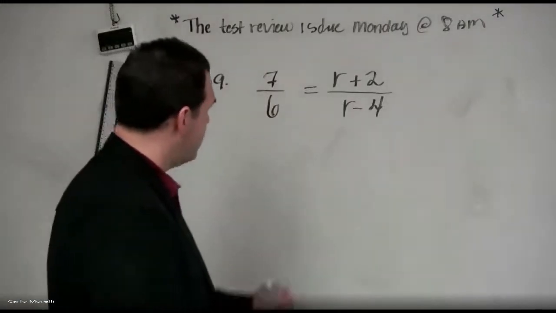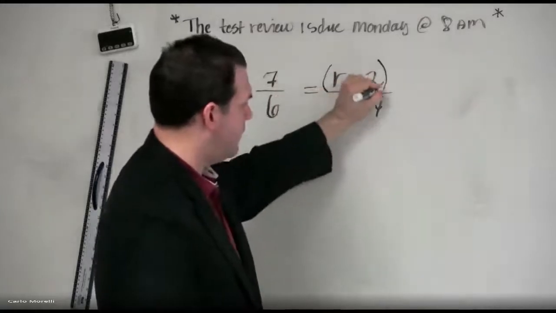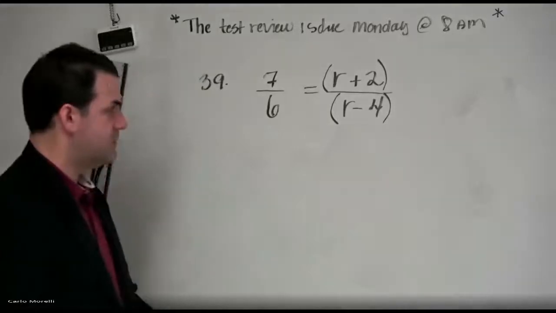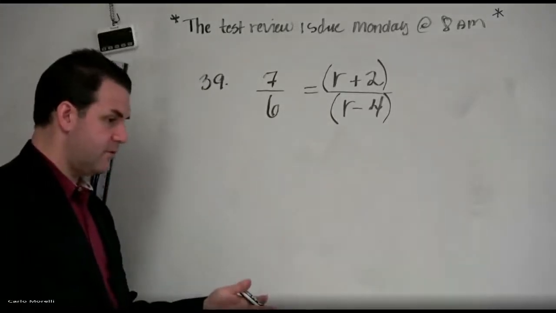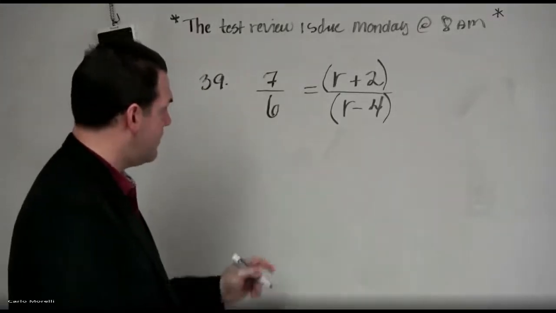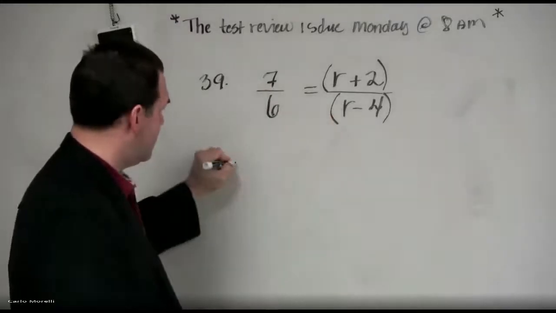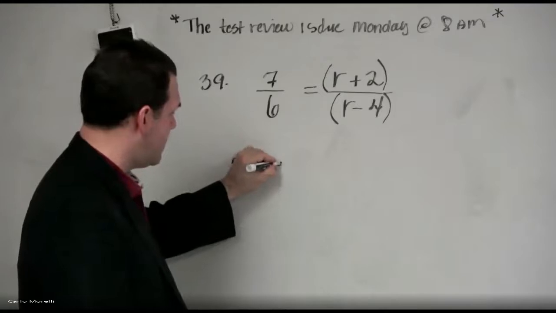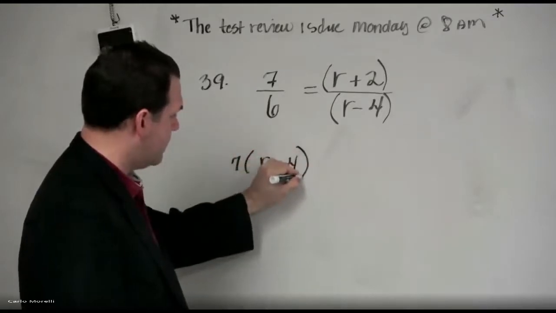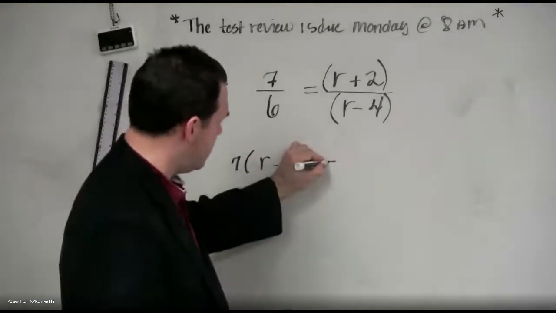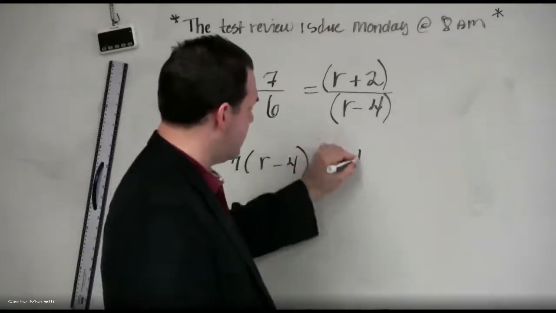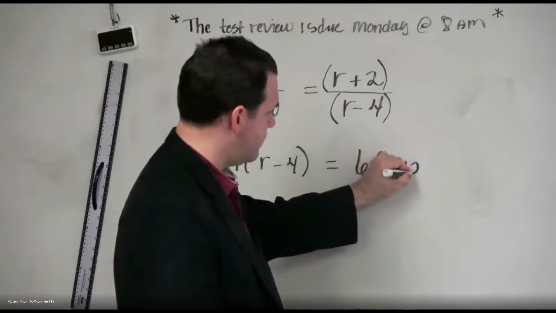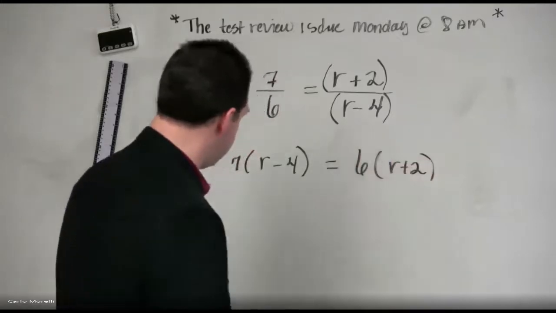So it helps to put these in parentheses so you know that there are going to be binomials that have to have the distributive property. So we'll write 7 open parentheses r minus 4 close parentheses equals 6 open parentheses r plus 2 close parentheses.